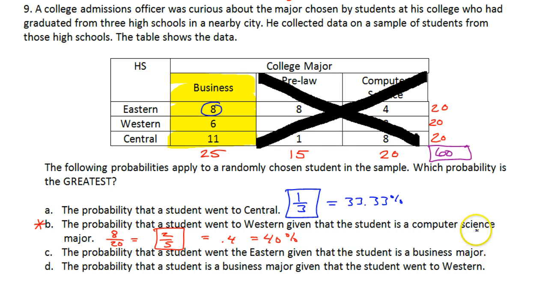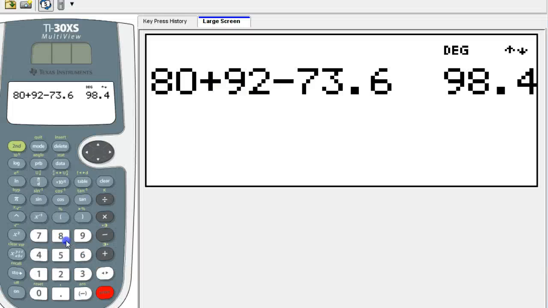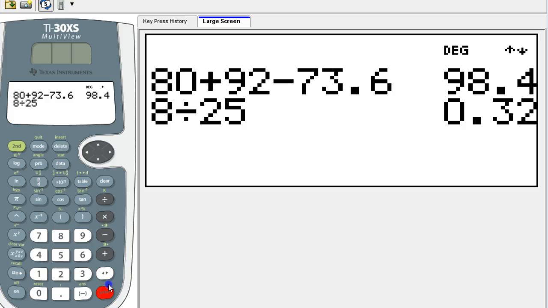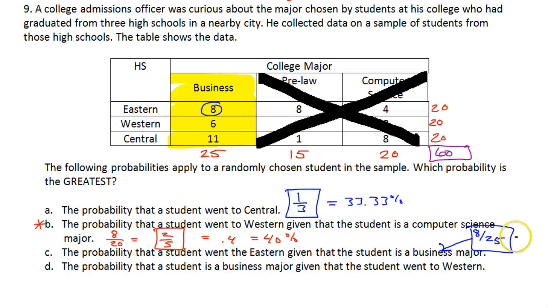So that's 8 out of 25, which is 32%. That's the smallest yet, so B is still winning.